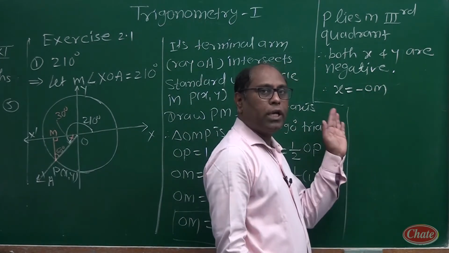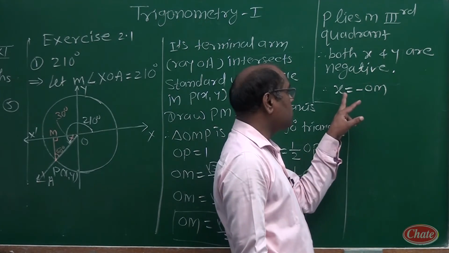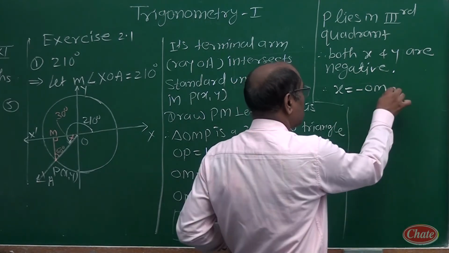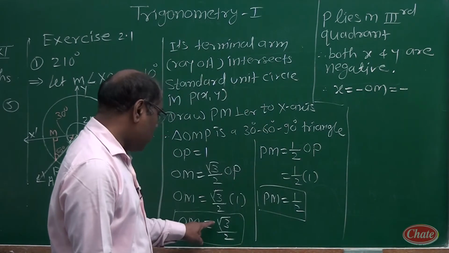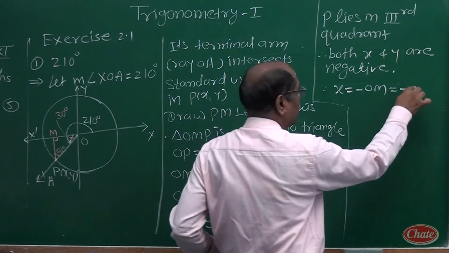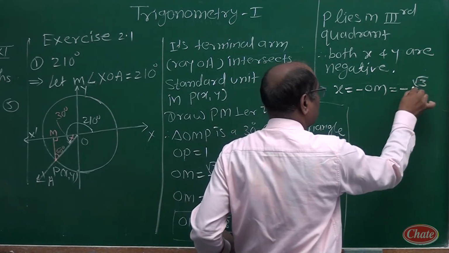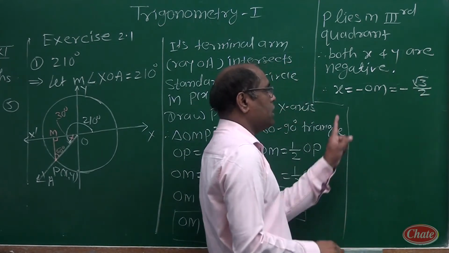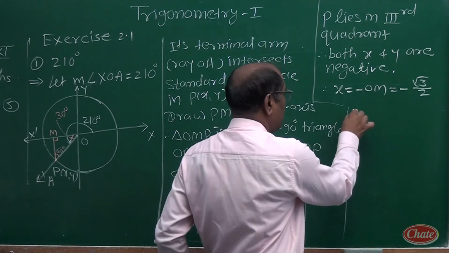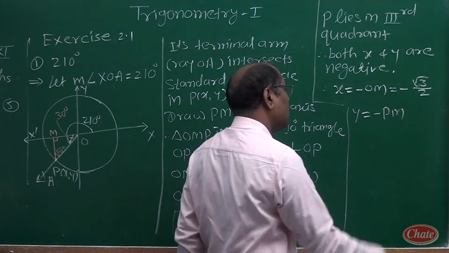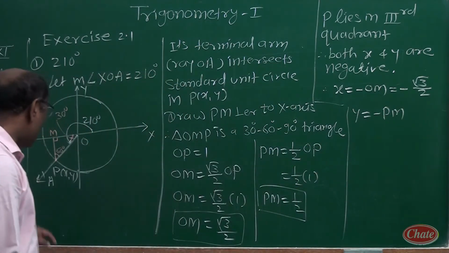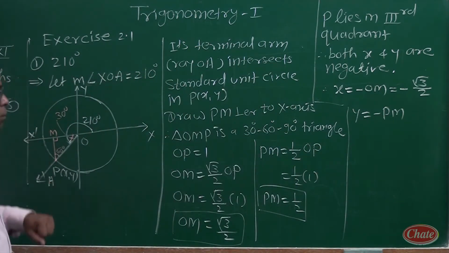Because in the third quadrant x is negative, the value of x is equal to minus OM. What is the value of OM? The value of OM is root 3 by 2. So x is equal to minus root 3 by 2, and the y coordinate is minus PM.